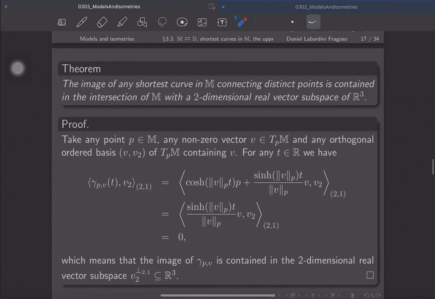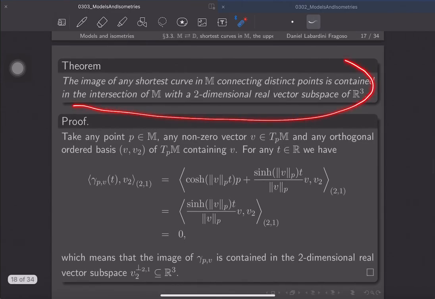Maybe let me state this theorem without proof today and show you the two videos. If I take any shortest curve, here when I say the image of the shortest curve, recall that a curve is a function from some interval to the hyperboloid, so what I see as the curve is just the image of the function.